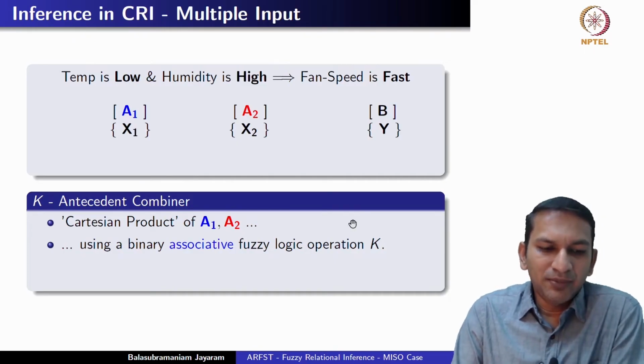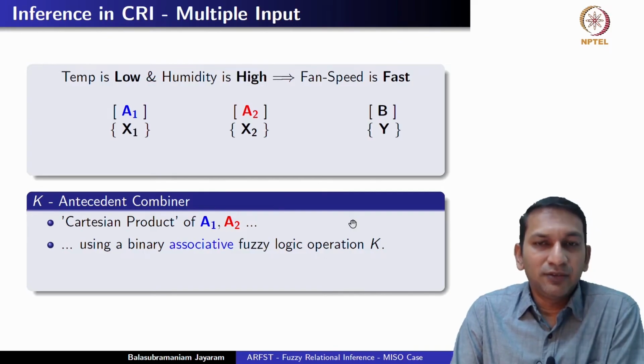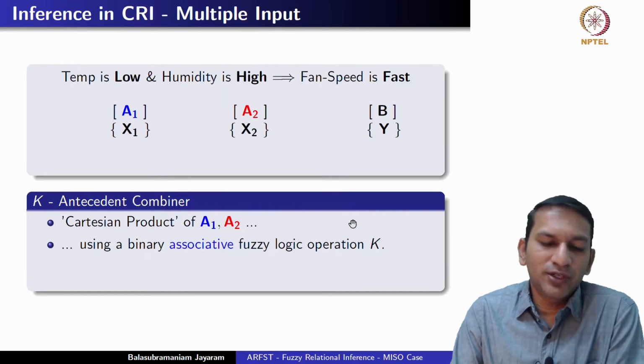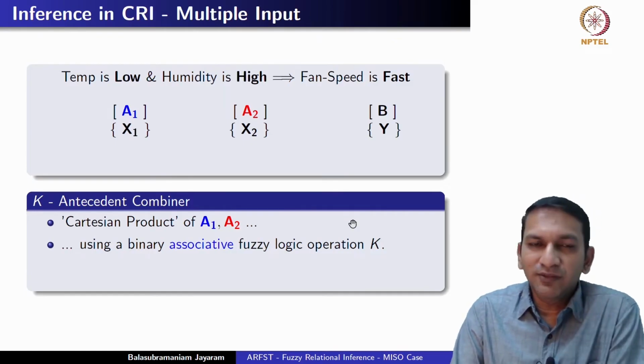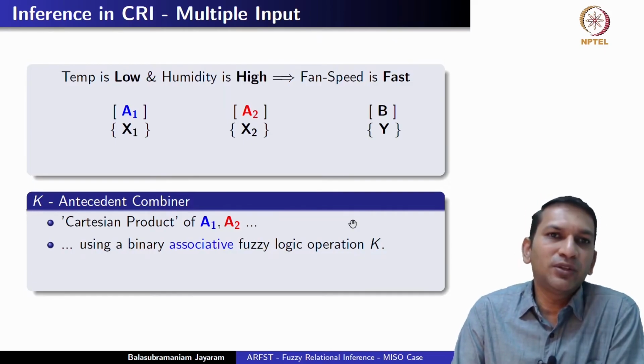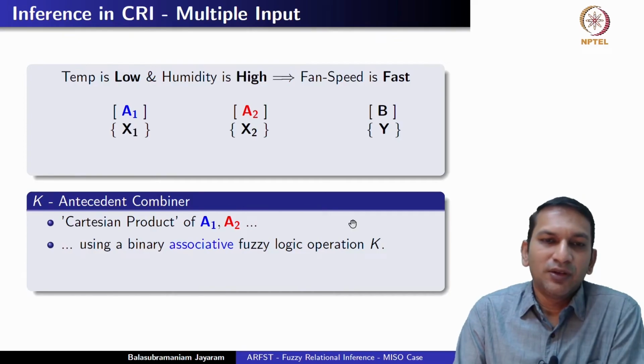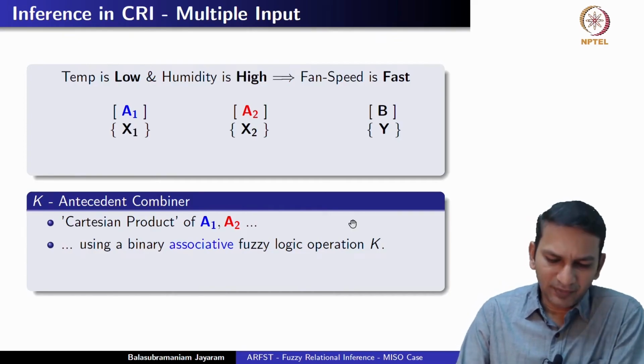We can combine these antecedents using a binary associative fuzzy logic connector. Why associative? Because we may have more than two antecedents here. We don't have an m-dimensional input, so we need to be able to combine m of them.